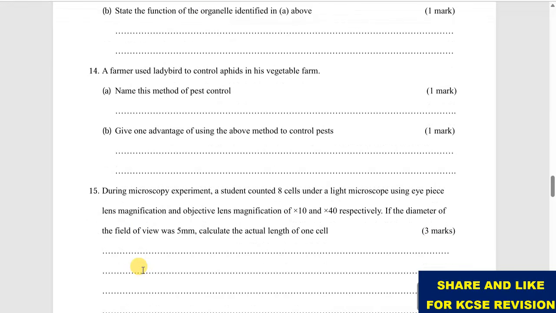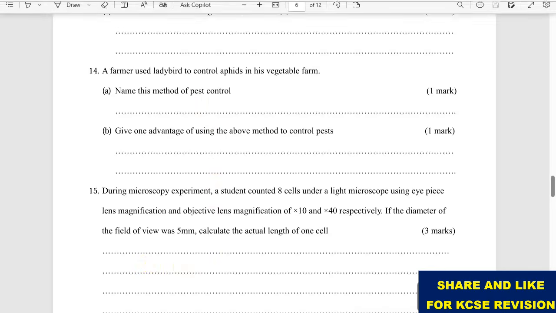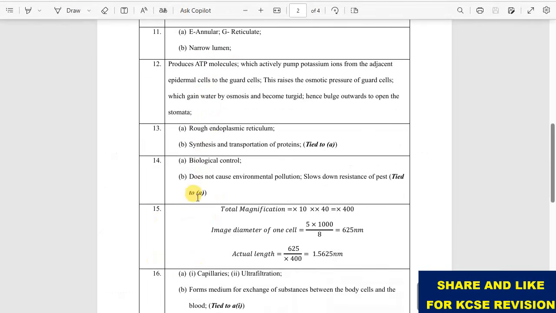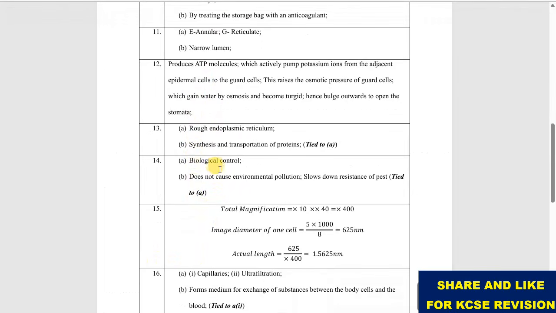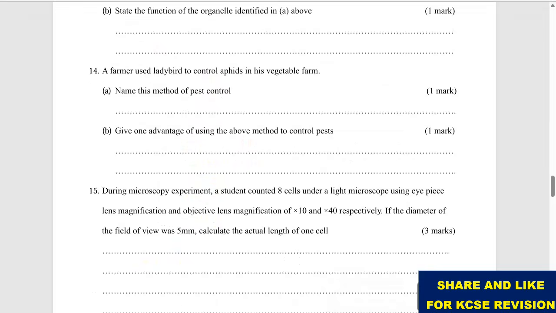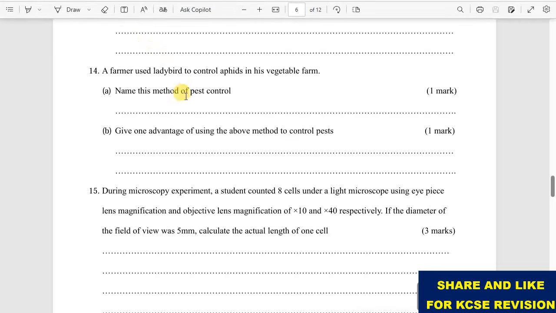Number 14. A farmer used ladybird to control rabbits in his vegetable farm. Name this method of pest control. The method is called biological control of pests.